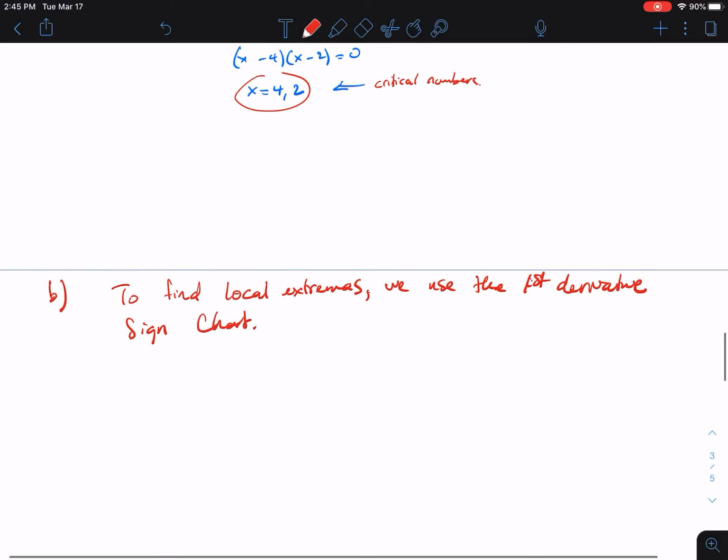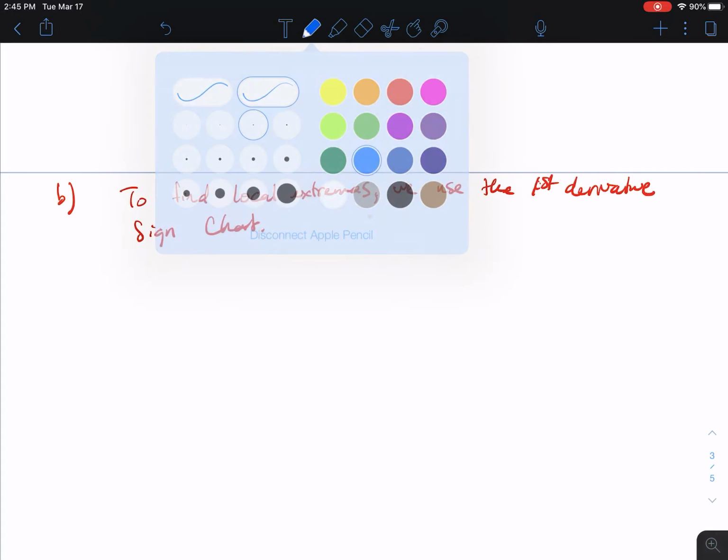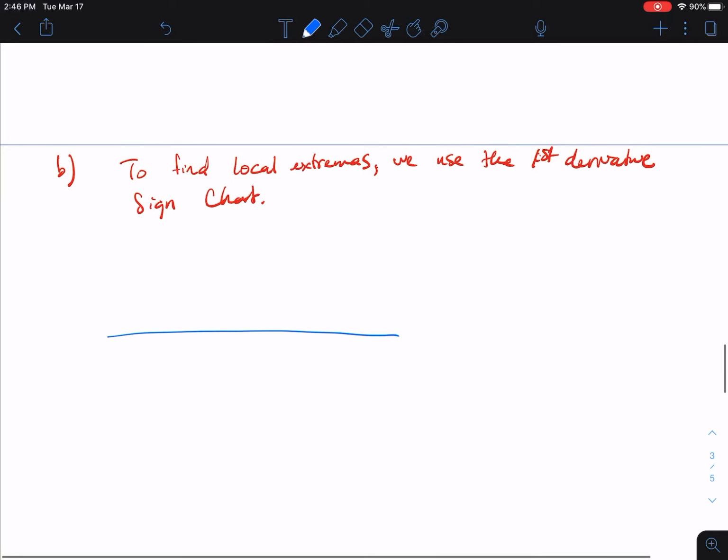To do that, we draw a horizontal line. This represents the domain, or the real numbers. We're going to label the critical numbers at 4 and 2. So let's say here is 2, and here is 4.